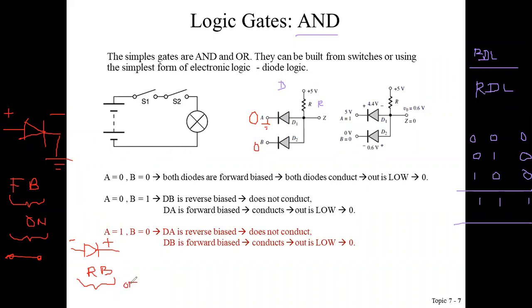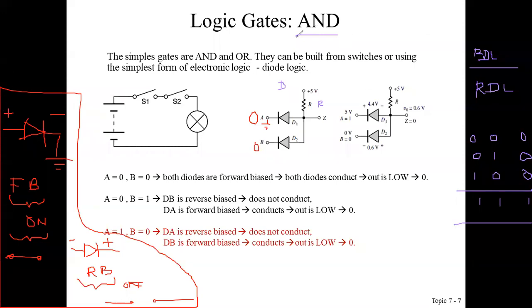Off switch means it acts as an open switch, an open circuited condition. Okay, this fundamental is sufficient to understand this logic family.